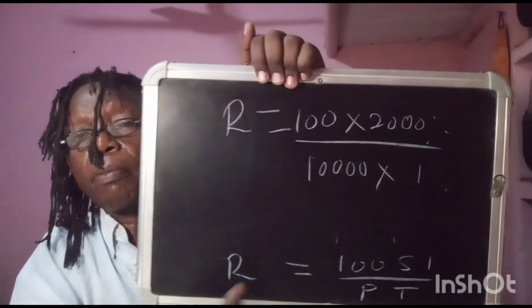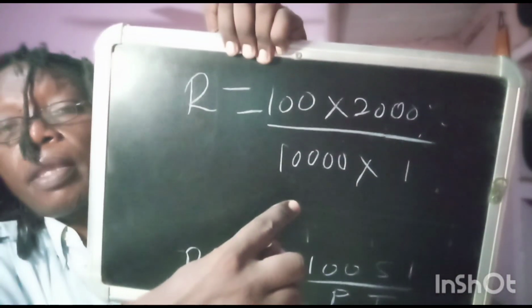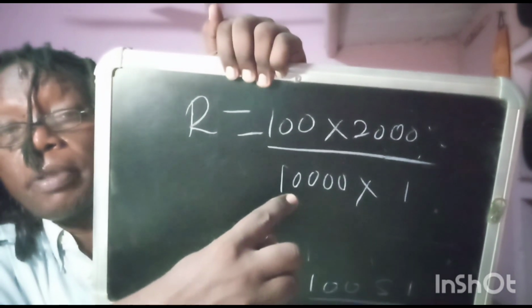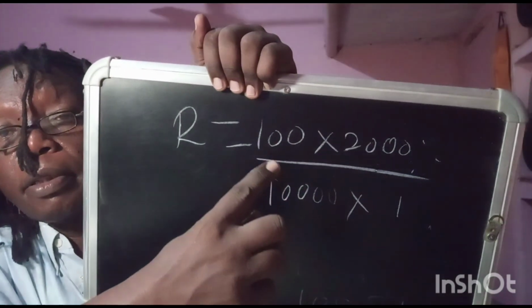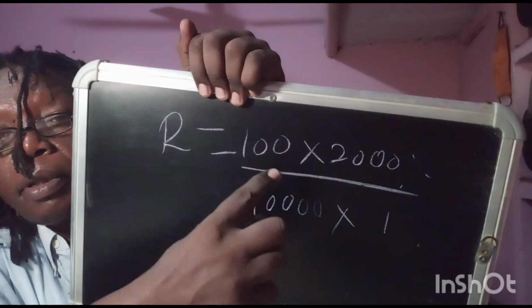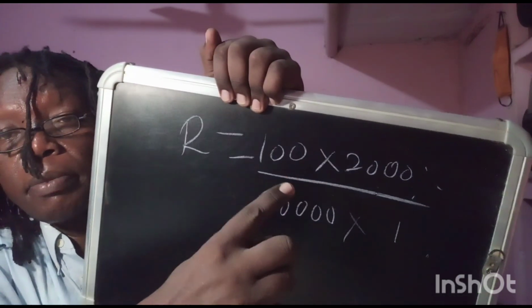Now we have plugged in the figures. This is the principal, that's time, that's simple interest up there, times 100.